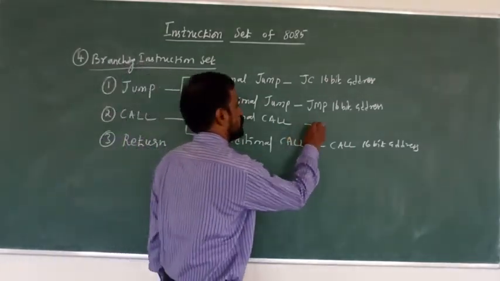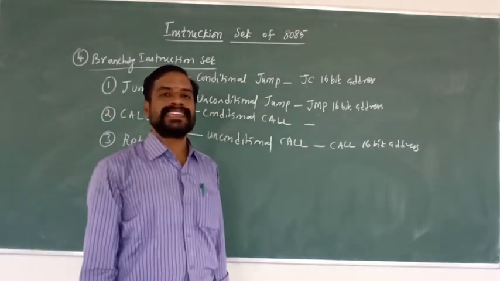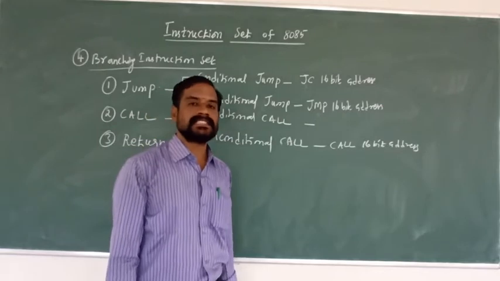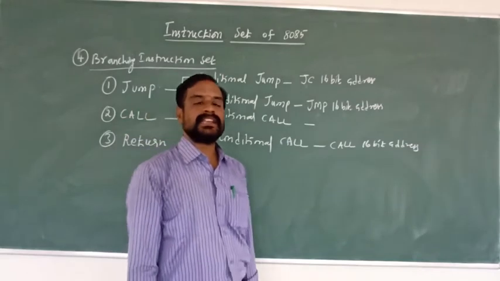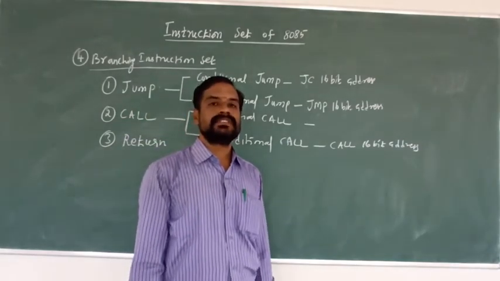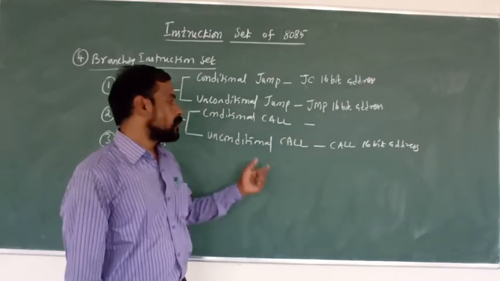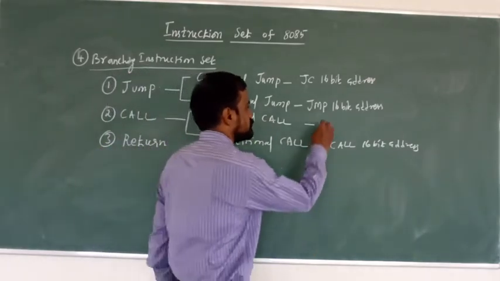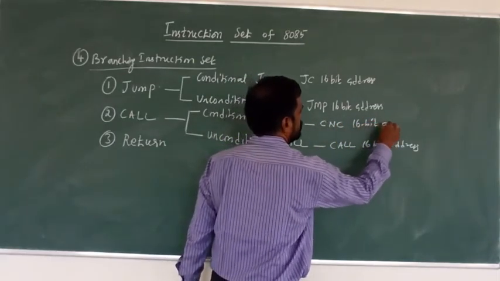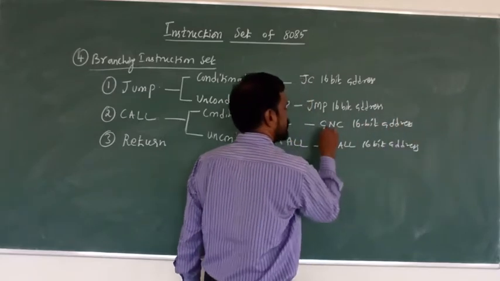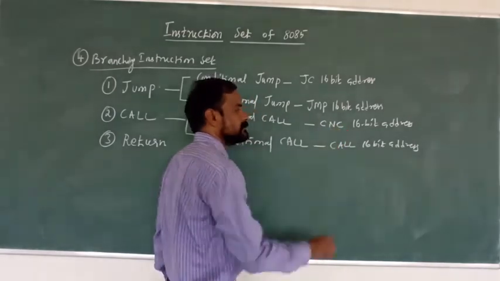In conditional call also, there are 8 conditional call instructions: CC, CNC, CZ, CNZ, CP, CM, CPO, CPE. There are 8 conditional call instructions. Suppose CNC 16-bit address. Here CNC means call if result is no carry.